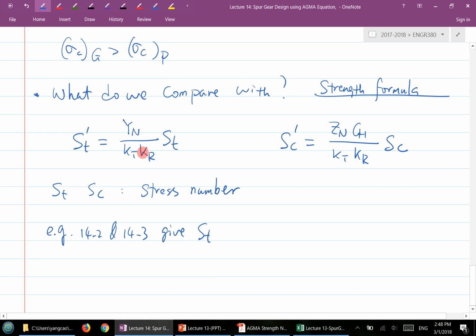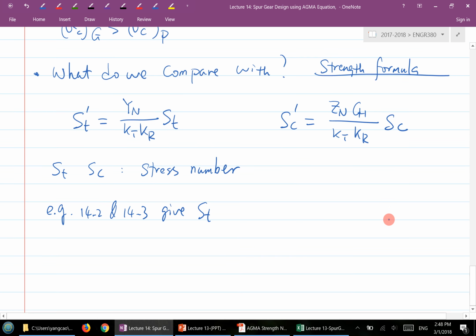And before we move on, recall that in design for fatigue loading, we learned how to calculate the endurance limit. The formula for endurance limit is SE equal to KA, KB, a number of factors, and then SE prime.